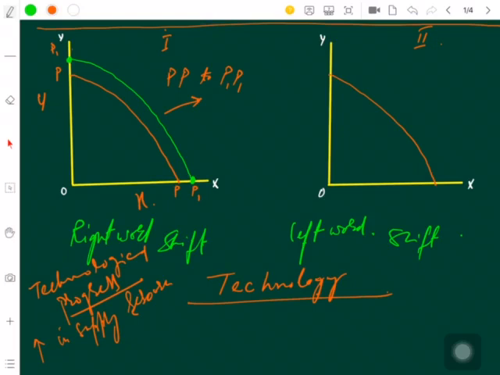And let us make the opposite of it. In the case of our second diagram, a leftward shift has to be made. How will it take place? Let us say technology is not increasing, it is deteriorating.